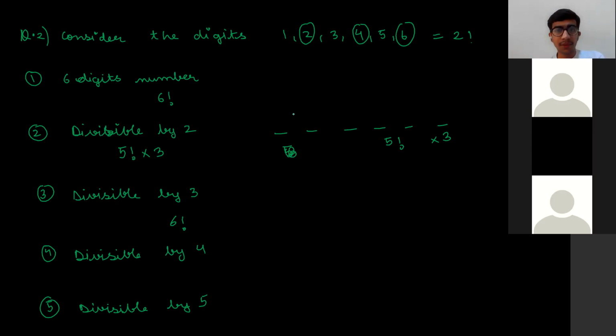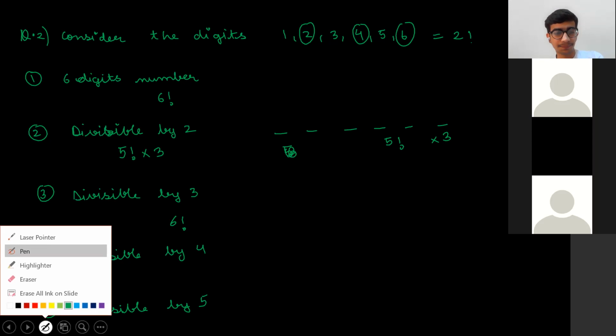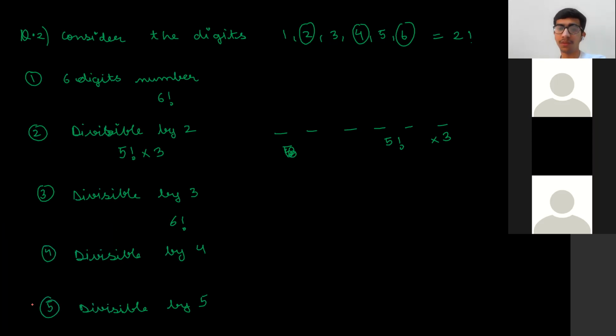So 4th one में we have to individually calculate the cases. Okay. So doing for the 4th one now. 1, 2, 3, 4, 5 and 6. So last 2 places पे it has to be a multiple of 4. So what can be the possible cases? कि last digits पे 12 आ जाए, then 24 आ जाए.